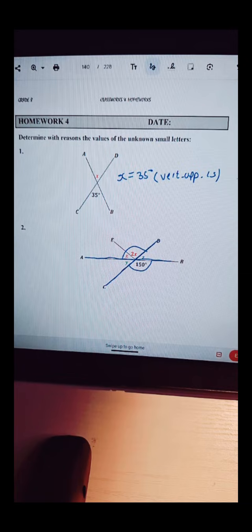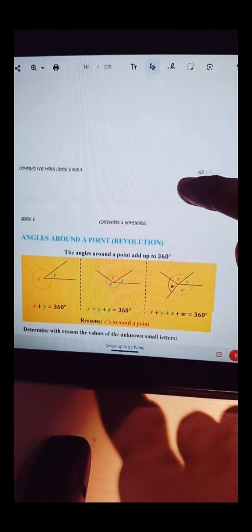Very good, Mpendulo. Well done, guys. Well done. Okay, I think I'm going to hold it right there.